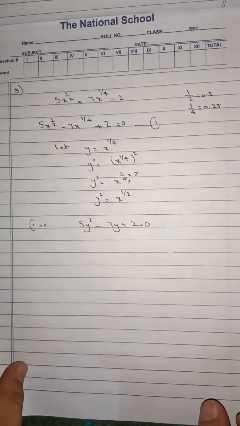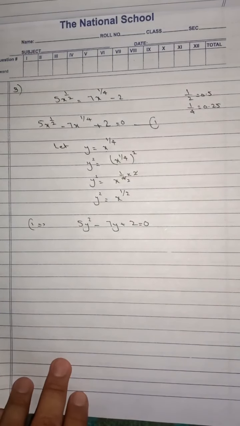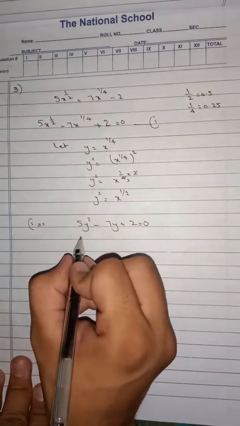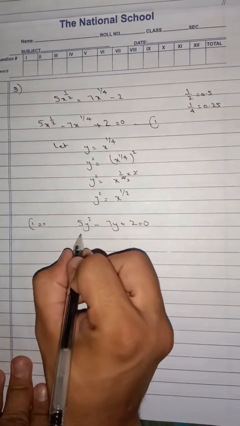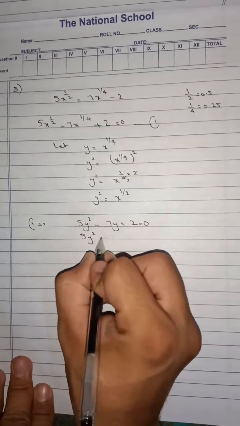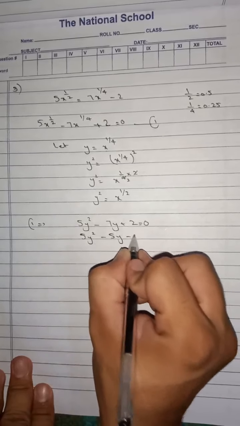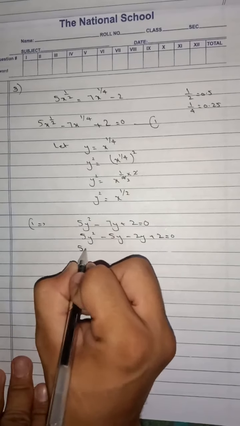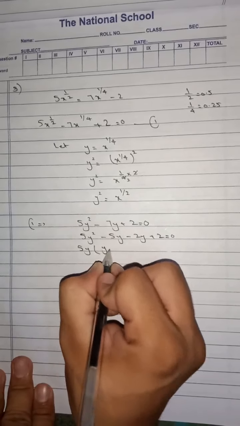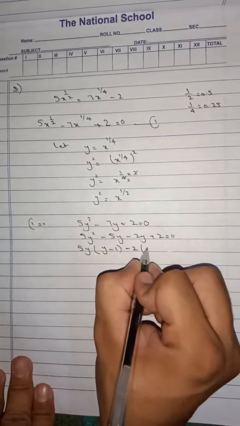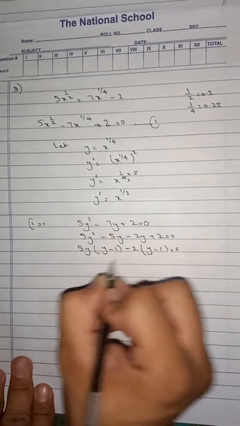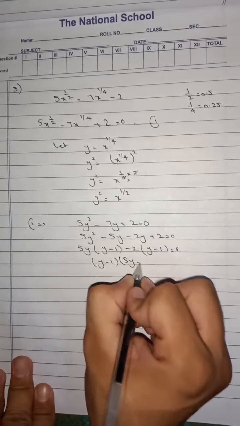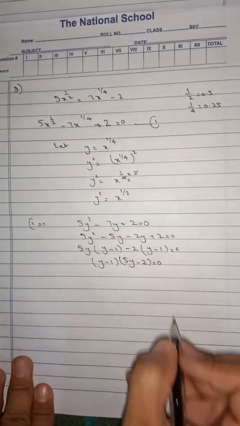Now again factorization will be our first priority, as it is simple. 2 5s are 10, so 2 and 5 are the factors. 5y² minus 5y minus 2y plus 2 equal to 0. 5y common, inside the bracket we have y minus 1, minus 2 common, y minus 1. y minus 1 common, into 5y minus 2 equal to 0.